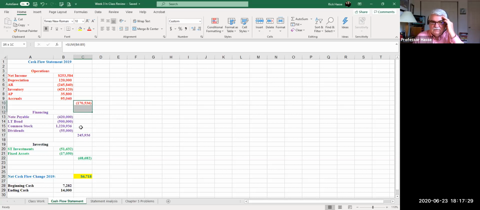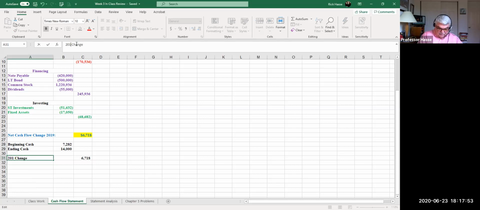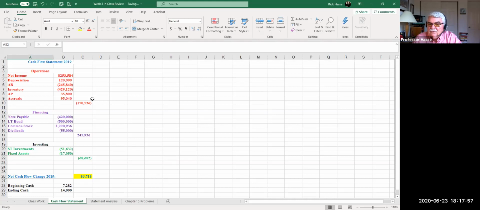The combination of all 3 needs to total your delta of cash for the current year, in this case 2018 and 19. We started out with $7,282 at the beginning of the year. We ended up with $14,000 of cash. The net change is $6,718. Where did that cash come from?